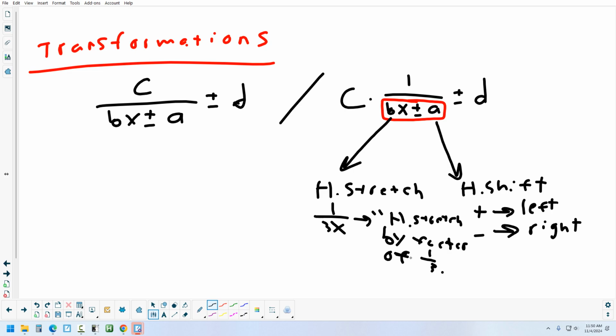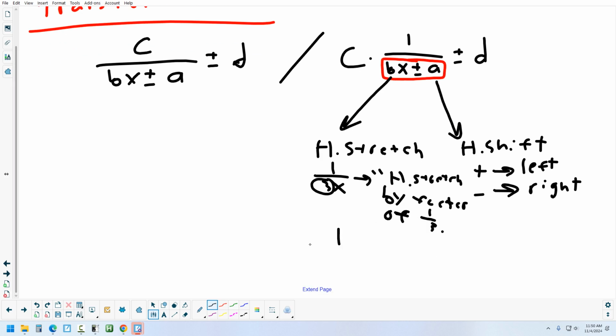The bigger you make this number, the more squished it gets. If you make that number a 5, it would be horizontal stretch by 1/5. The bigger the number, the more squished. The smaller the number, the more stretched. So if you had something like, I'll just do another example, 1 over 1/2 x.